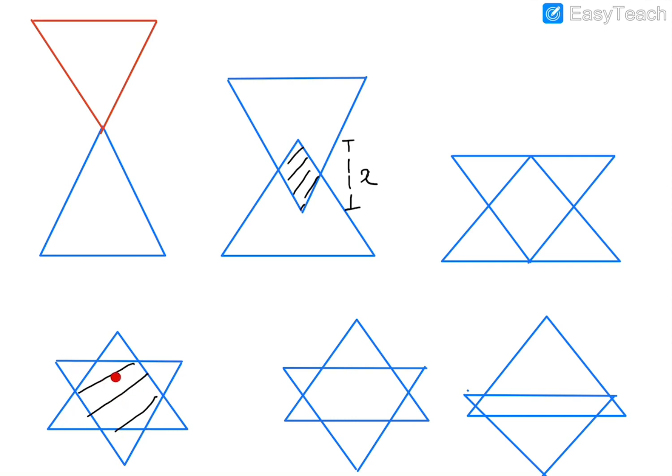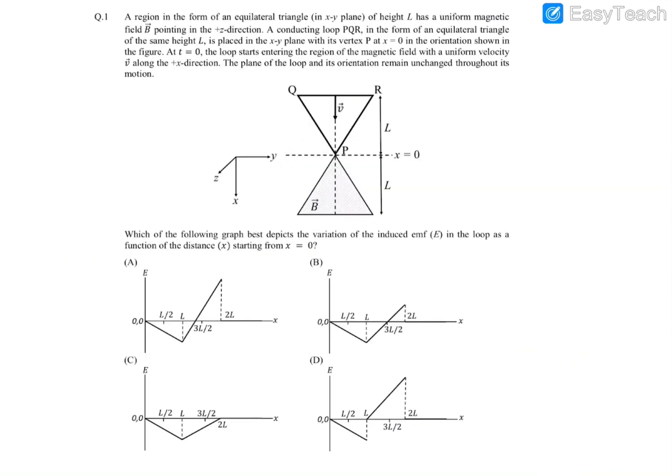So this is the maximum area linked with the magnetic field, and when A is maximum, dA by dt will be 0, which means that a point will come when EMF will become 0. After that the area will start to decrease, dA by dt would be negative, and EMF would become positive. So we can say that this line will cross 0 once, and it will go in the positive direction. So C cannot be the case.